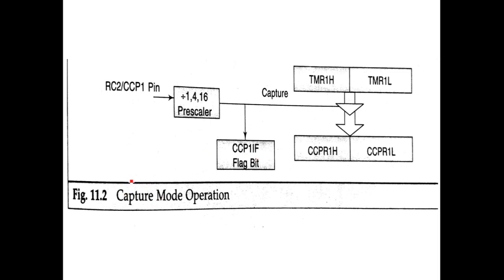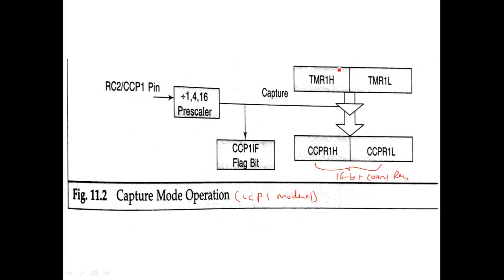This diagram shows, as an example, the operation of the CCP1 module. The same thing will be applicable to CCP2 also. So for the CCP1 module, these are the count registers, and in total it is a 16-bit count register.